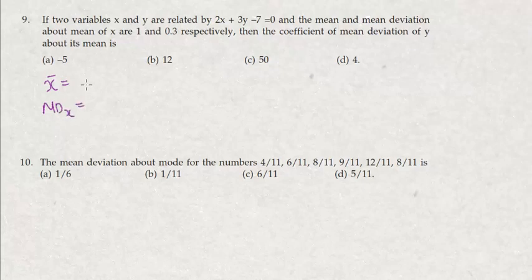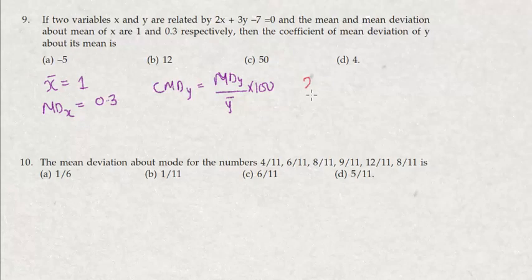X bar is given 1 and the mean deviation is given 0.3. We are required to find out the coefficient of mean deviation of y. Now, coefficient of mean deviation of y is nothing but mean deviation of y divided by y bar into 100. So we require actually two things, mean deviation of y and y bar, which we can very easily find out by the help of the equation given.